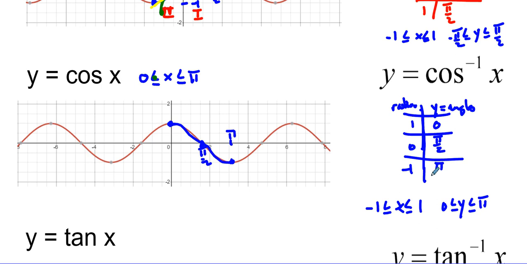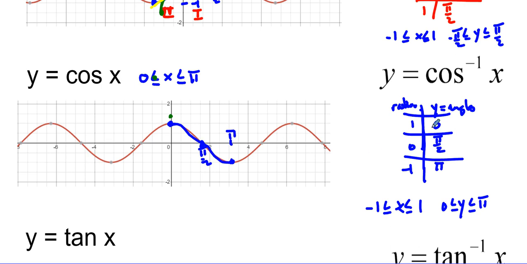We're going to have a 0, which is going to be pi over 2, and that's going to be somewhere right there, like 1 point something. And then we have 1, which is right there.